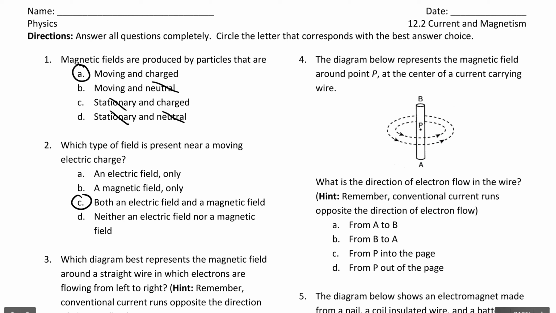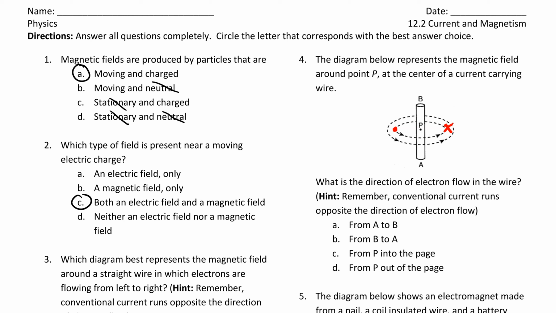But let's see. So we want to wrap our fingers. Everybody practice wrapping your fingers. Picture wrapping your fingers around this thing right here. Okay, so your fingers are wrapping around. Your fingers go into the screen here and out of the screen over here. What direction does your thumb have to point?